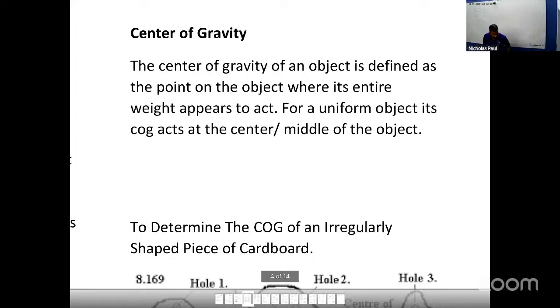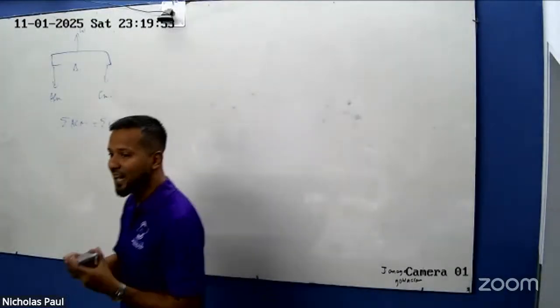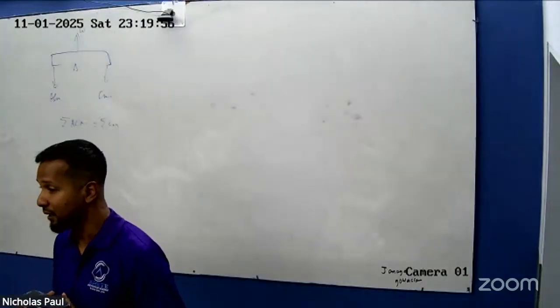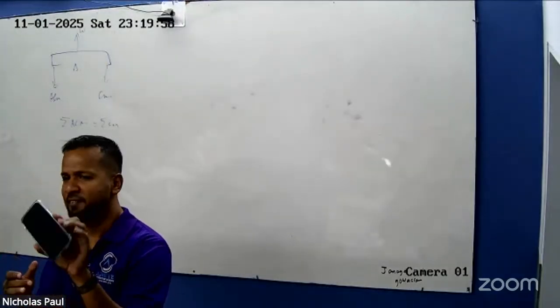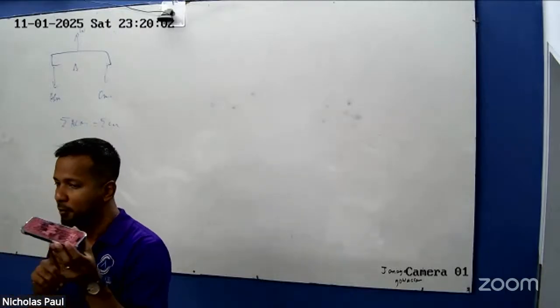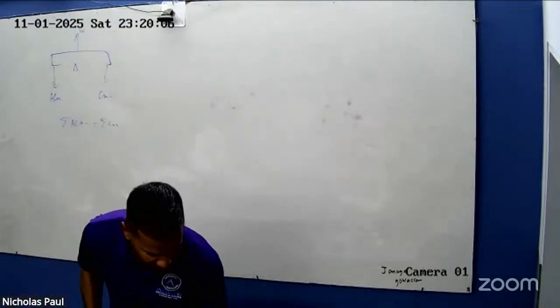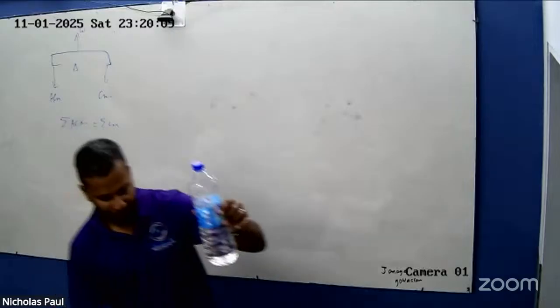The center of gravity is a point where the entire weight appears to act. If it's a nice and uniform phone, then its center of gravity is normally at the center. Look at this bottle of water.